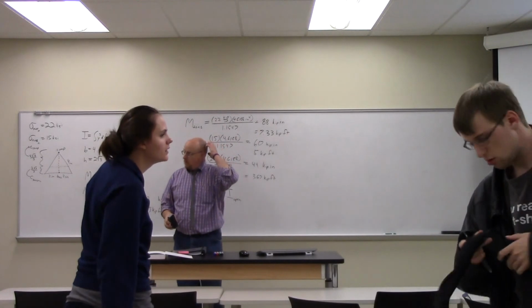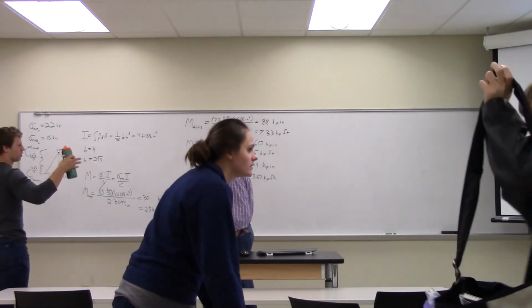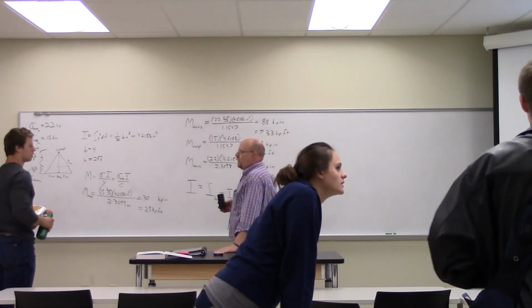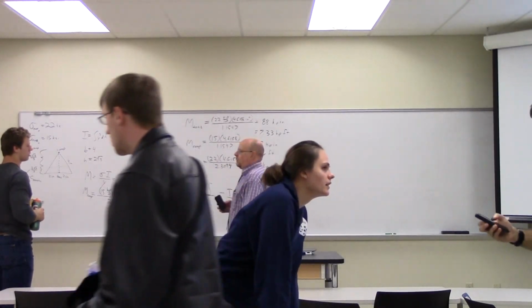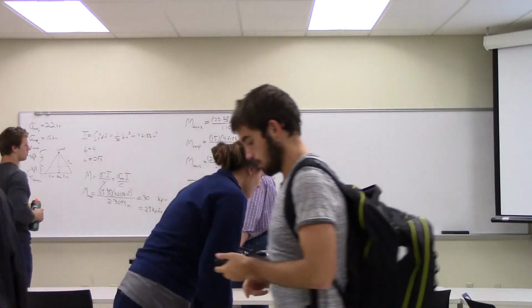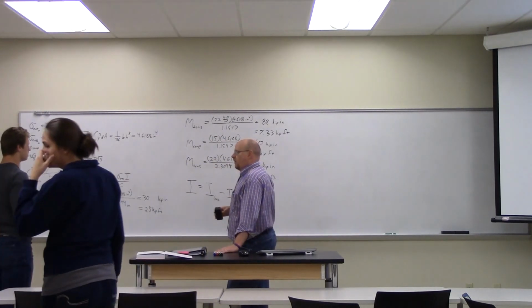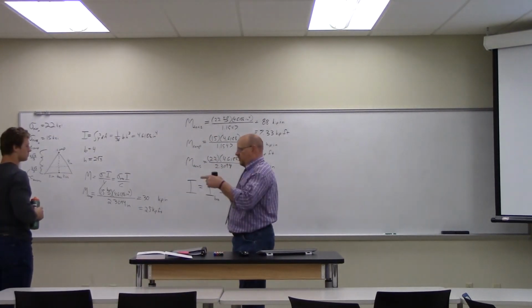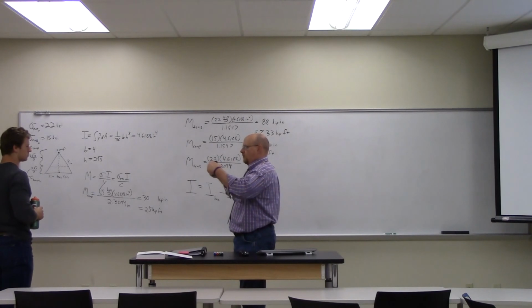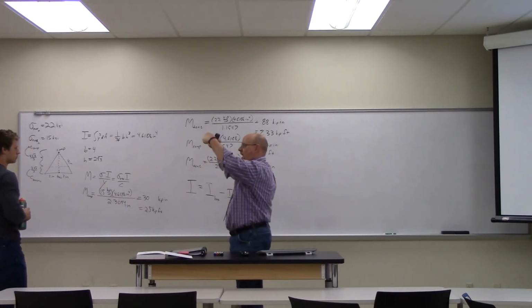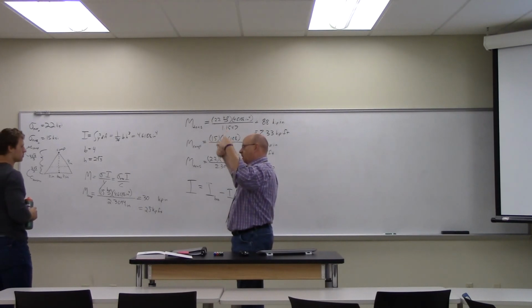And because your strain is the same in all. The strain is going to be the same. Strain will depend only on distance from the neutral axis. So if it's this piece or this piece or this piece, if I'm 10 millimeters from the neutral axis, they all have the same stress. And if I'm at the very top, they're all the same distance from the neutral axis, they'll have the same stress.